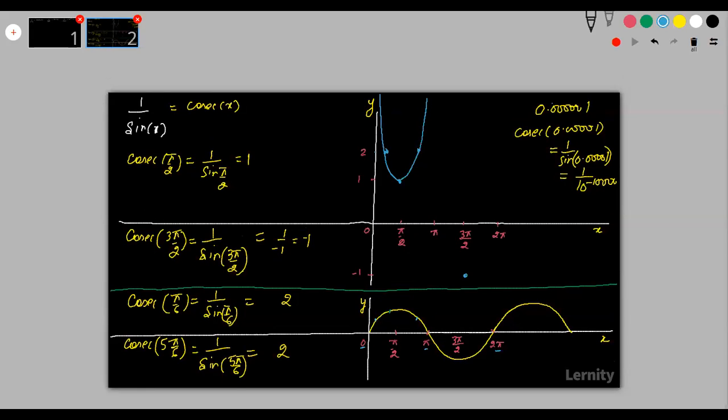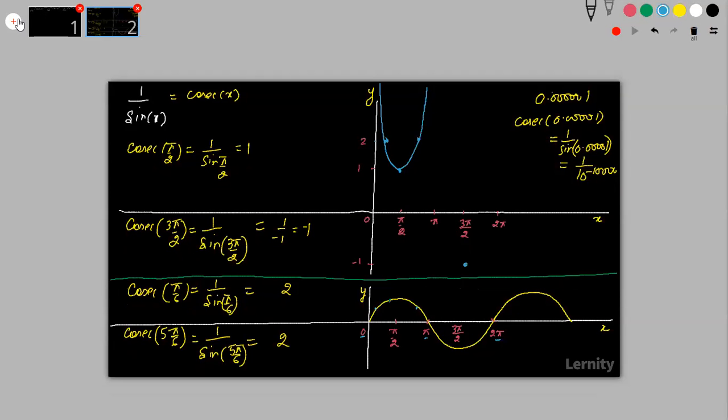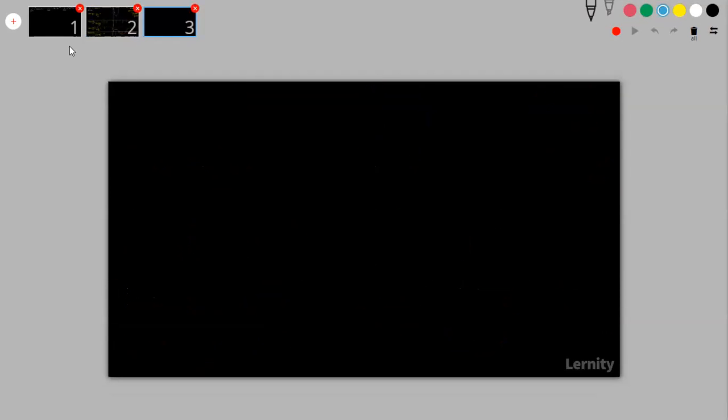Okay, I will explain once again. I will write this once again, only for between 0 and pi, since I am teaching 0 to pi. So I will show 0 to pi separately.